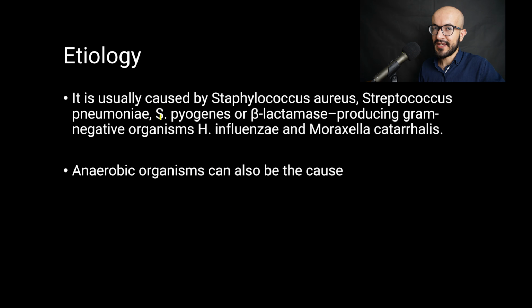Now bacterial tracheitis is caused by Staphylococcus aureus or Streptococcus pneumoniae, Streptococcus pyogenes, or beta-lactamase producing gram-negative organisms such as Haemophilus influenzae and Moraxella catarrhalis. Now anaerobic organisms can also be the cause.